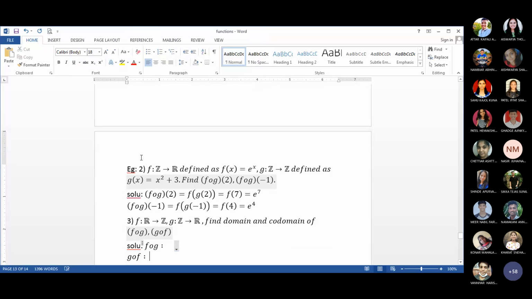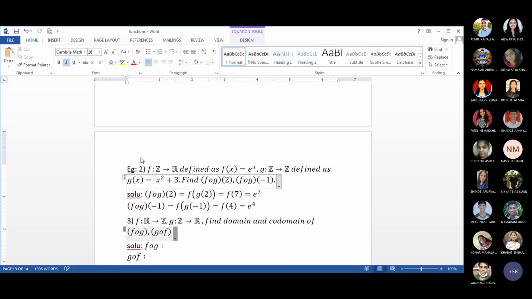You can say g composed with f first, that is fine, because the diagram was for g composed with f. Yes, anyone? Domain and codomain for f composed with g as well as for g composed with f. Compare with the diagram.